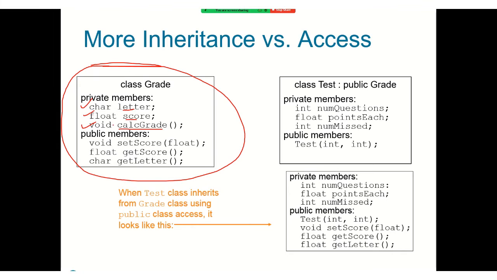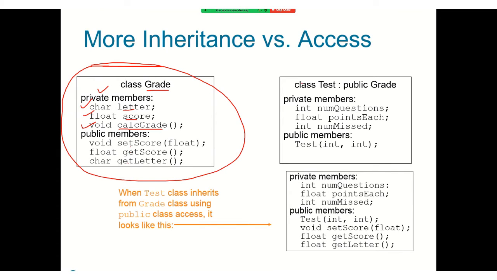That means if you instantiate this class, you cannot use the calculate grade function because it's private. But there are public members: set score, get score, and get letter. So you can get the letter, you can set score and get score. That's all you can do.